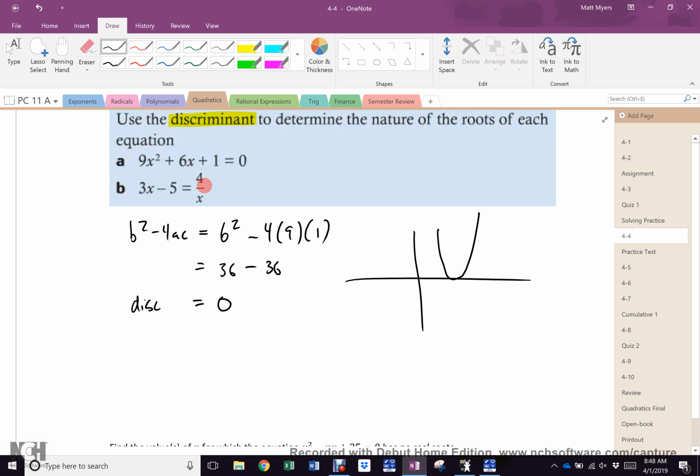Now, that was A, this is B. If we're going to do this, I need that type of quadratic, don't I? But we've done grade 8, 9, and 10 algebra, right? So can we make that look like that? How?